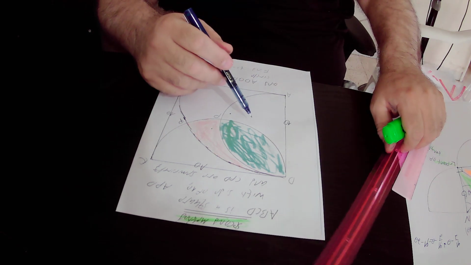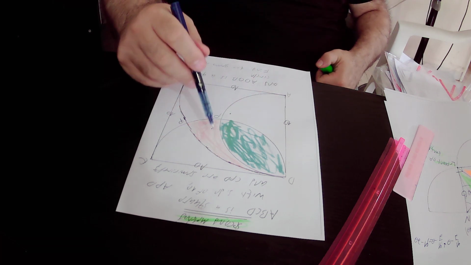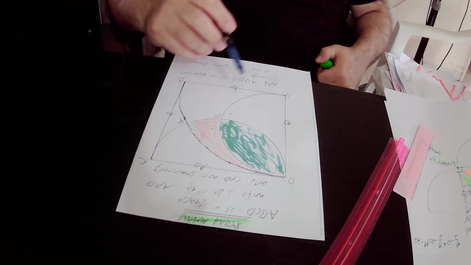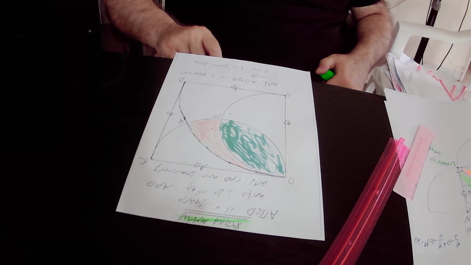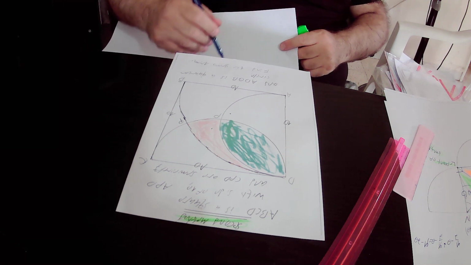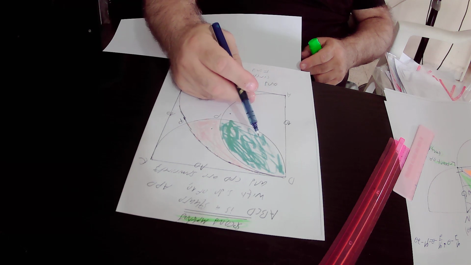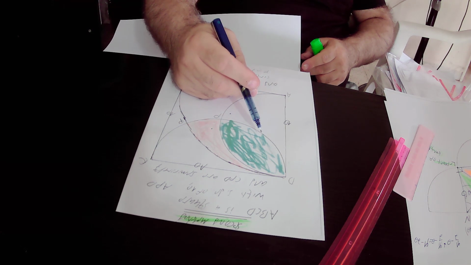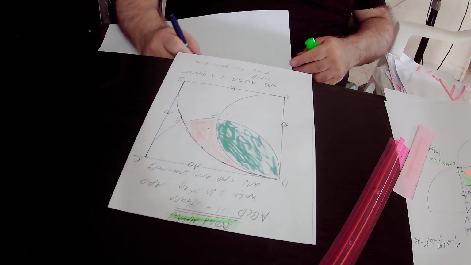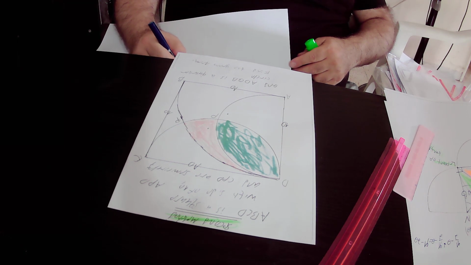The blue lens was created by the intersection of the two semicircles with each other. So actually, we know that the radii of the two semicircles are equal to 5 units. So here A equals 5 and B also equals 5.